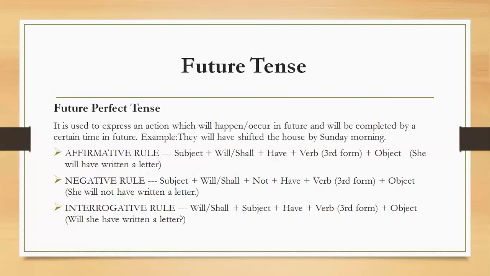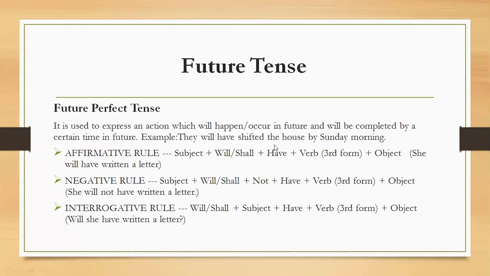So this is again a supposedly considered state that the person will have studied by the time they arrive. And here we have an example: they will have shifted the house by Sunday morning.